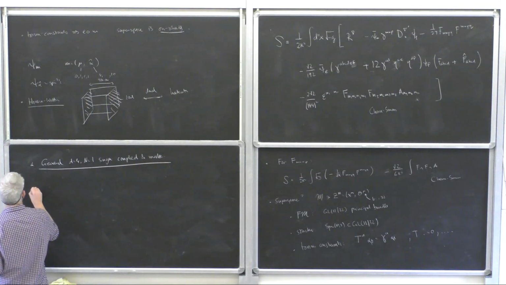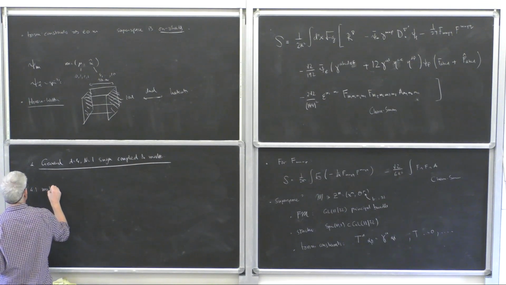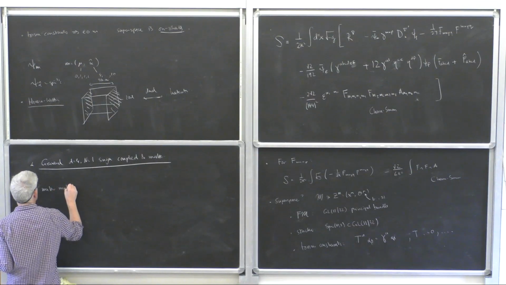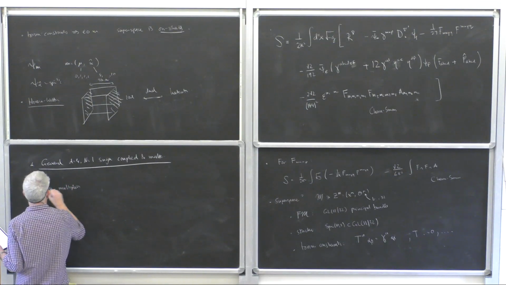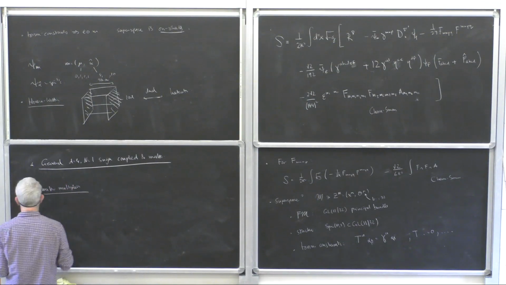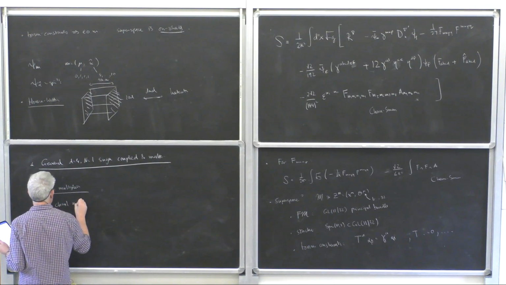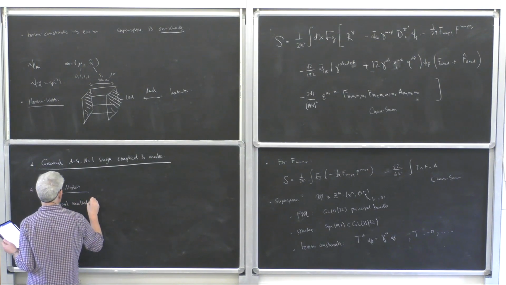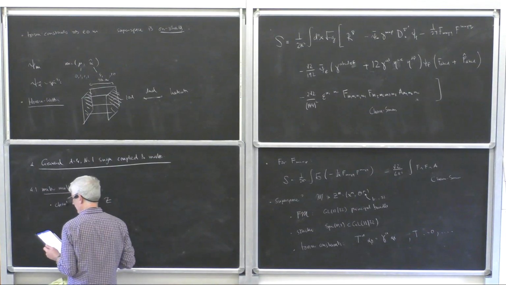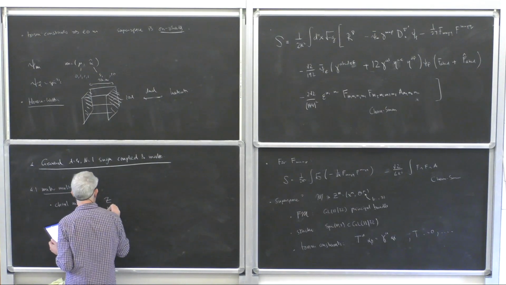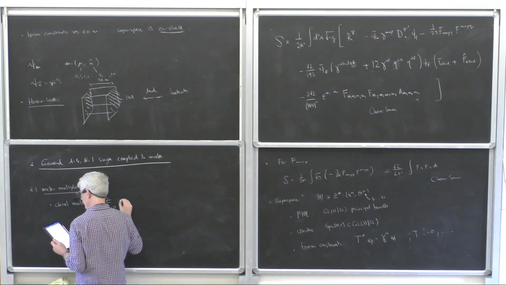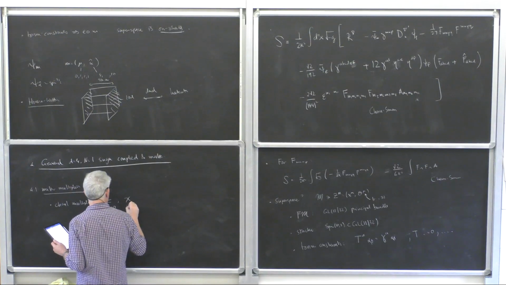Okay, so what were the matter multiplets? I told you what these were before. We had the chiral multiplet, which had a complex scalar field that was spin 0, and a fermion chi, which was spin 1/2.